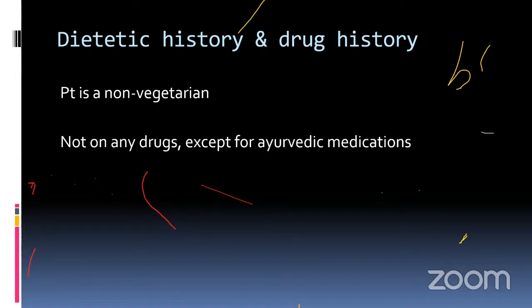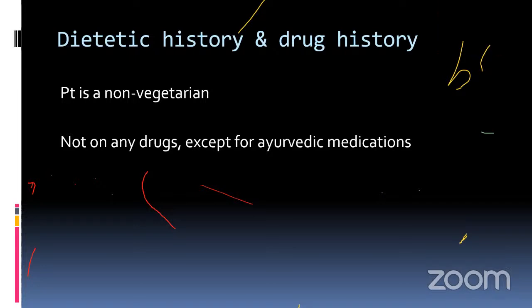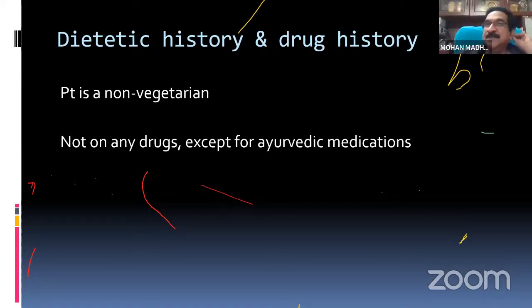Zinc intoxication? No. Some metallic toxicity because of Ayurvedic medication usually produces neuropathy. Producing myelopathy is rare. Zinc intoxication can produce myelopathy secondary to copper deficiency. But otherwise, neuropathy is the dominant presentation.